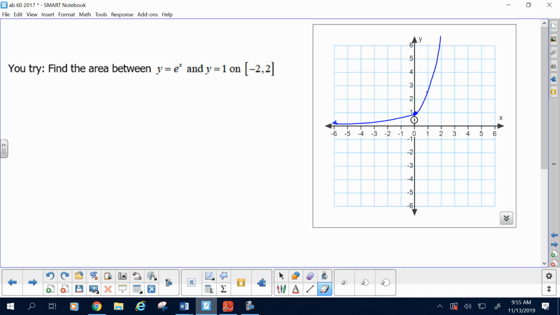Wait, this can't be done. Yes, it can. Oh, yes. That should be easy with the graph.